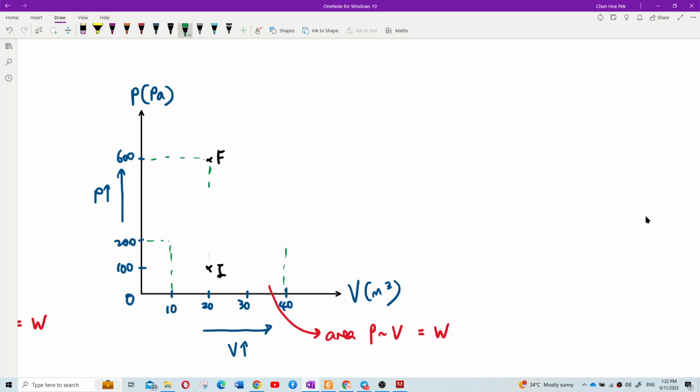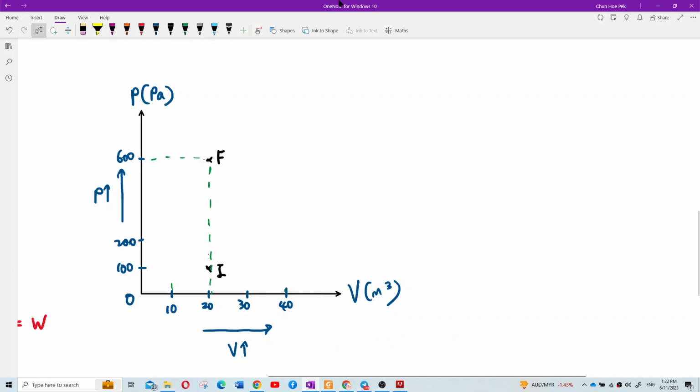Tell me. I need you to think, class. Think is better. So there's no area. I told you the answer already. Let's say the process now is going from below here, going up to a higher pressure. In this process, what is the work done?